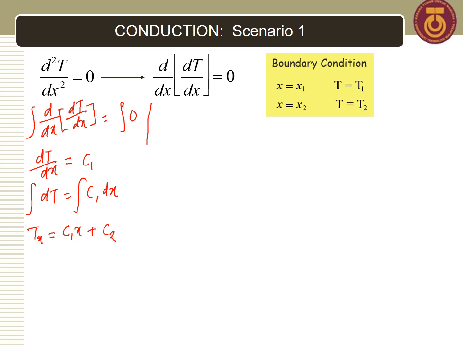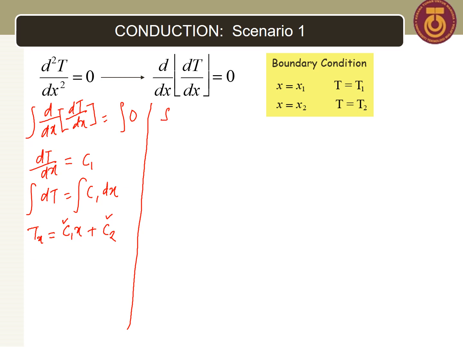So now after 2 times of integration, we get the temperature profile, but our equation contains 2 constants, C1 and C2. So we need to solve for C1 and C2.